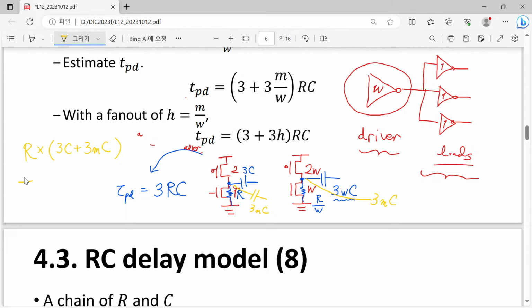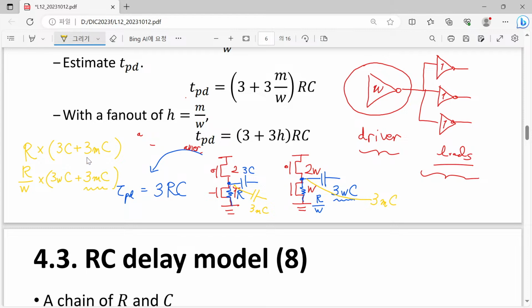Then how about this powerful case? In this case, now we have R over W. Resistance is reduced and capacitance is increased. So they give us the same product, 3 times RC, when we consider the intrinsic part. However, please note that here we have 3MC.